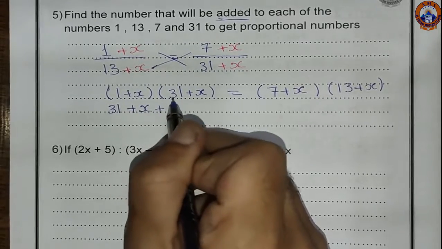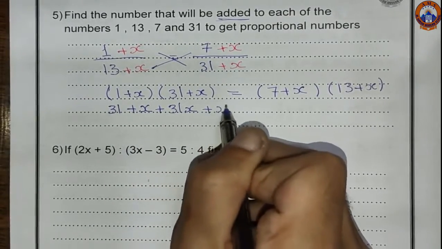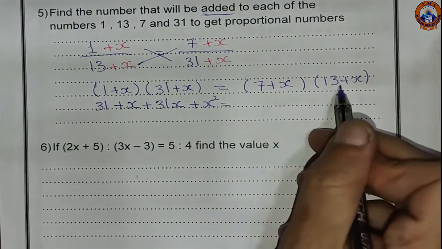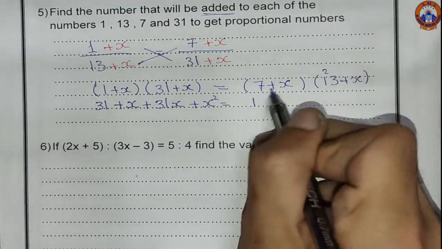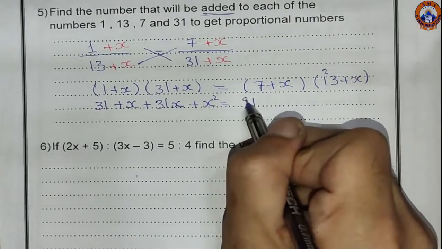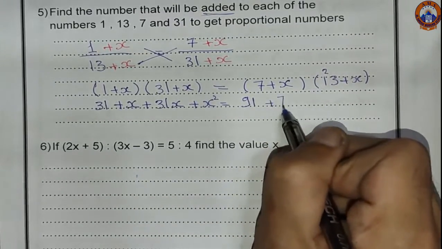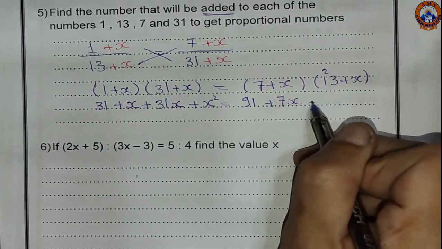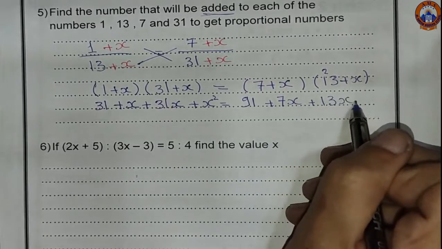Then we have x by 3 is 3x, and x by x is x squared. The other side, we have 7 by 13, which is 91. 7 by x is 7x, and x by x is x squared, and x by 13 is 13x.